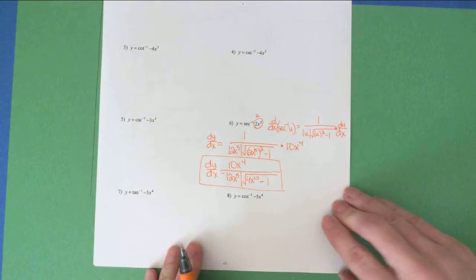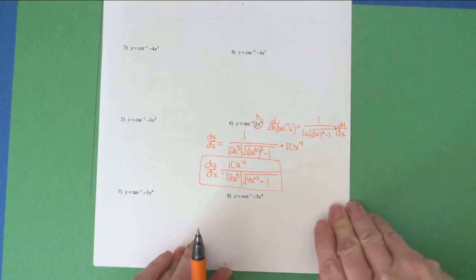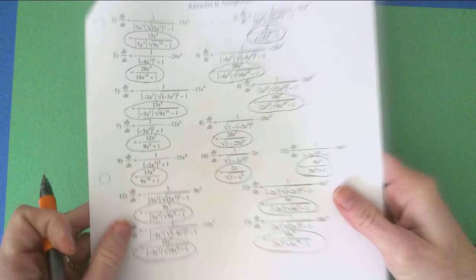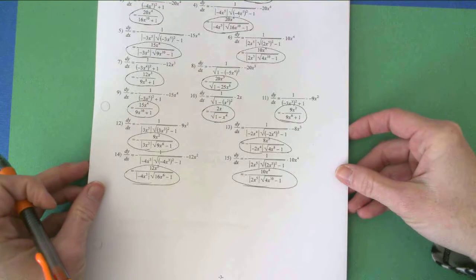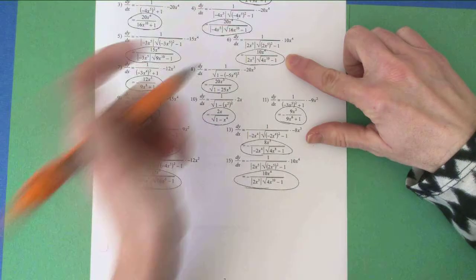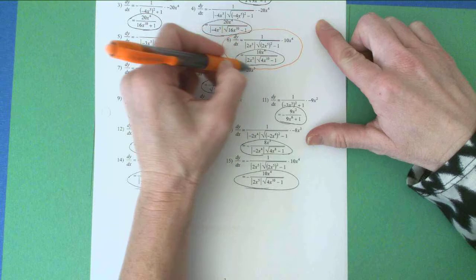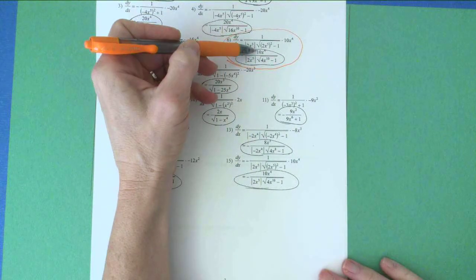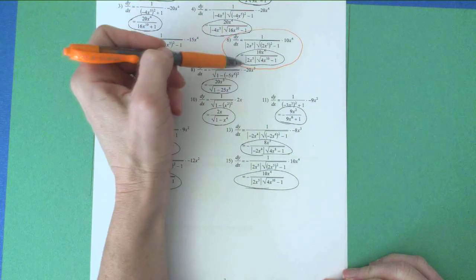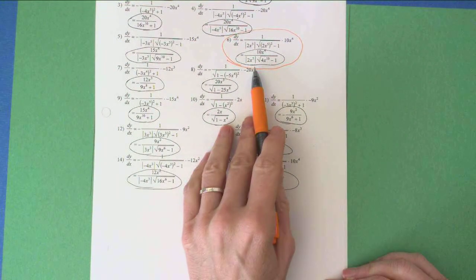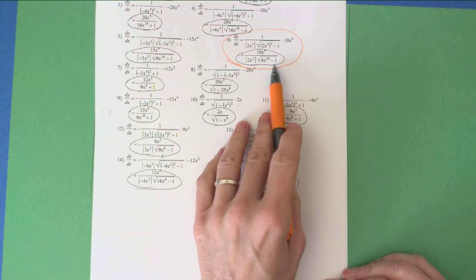Now if I check on the answer key page, number 6, you're going to see that the answer is the same as what we had, 10x to the 4th over the absolute value of 2x to the 5th times the square root of 4x to the 10th minus 1.